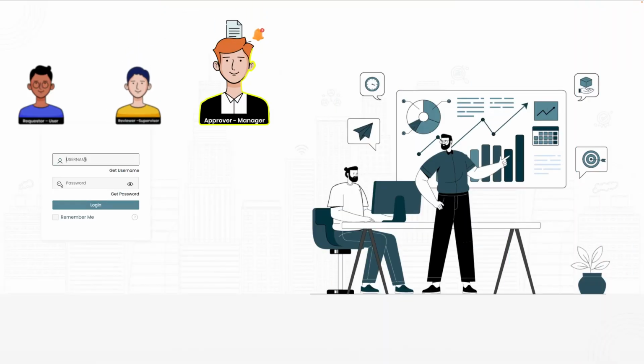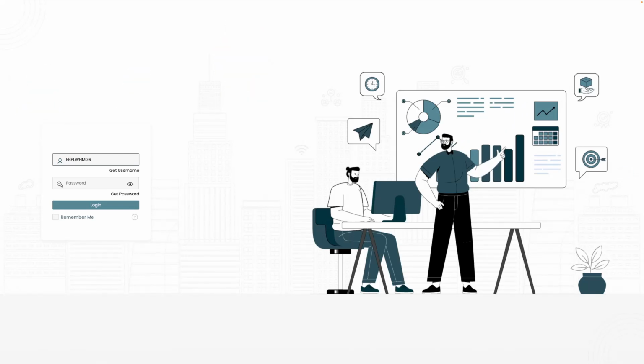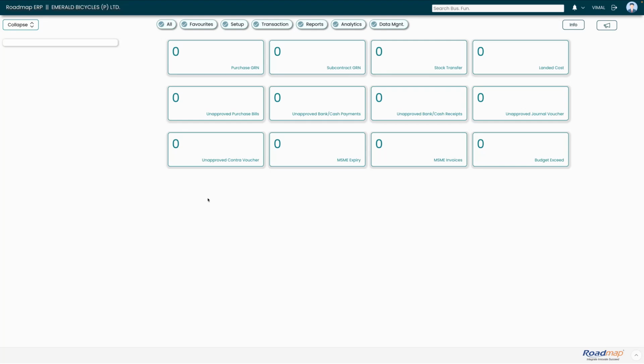Now let's log in as our purchase manager. Now click on login. So this is the login page of our purchase head, that's our purchase manager. Click on this bell icon and go to your approvals.